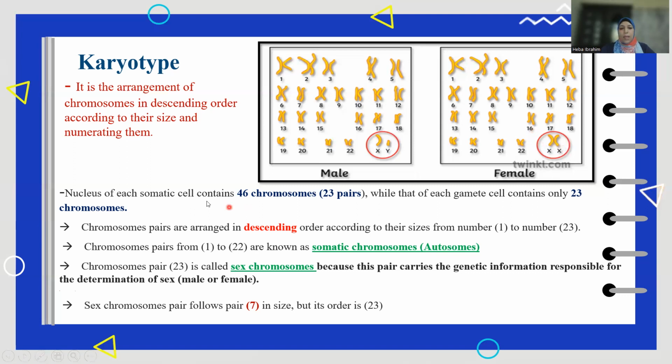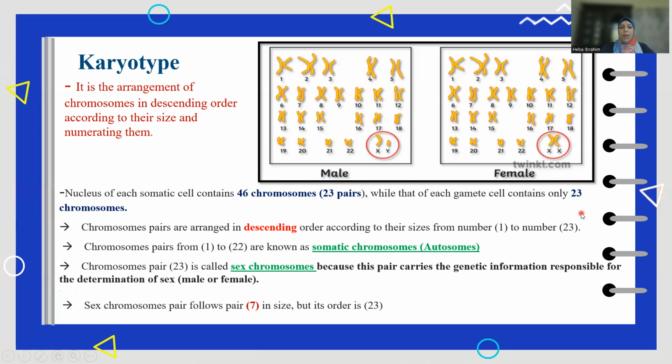So inside the nucleus of our somatic cells as humans, we have 46 chromosomes arranged in a descending order according to size, in the form of homologous pairs. So in our body's somatic cells we have 23 pairs of chromosomes. While each gamete contains how many chromosomes?